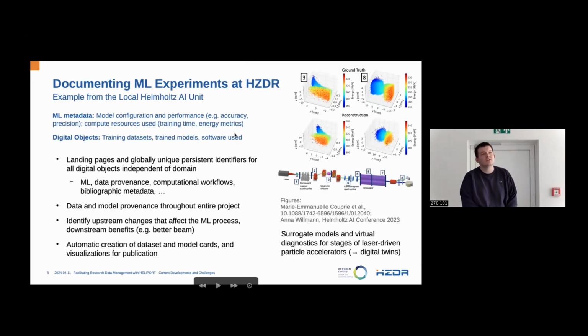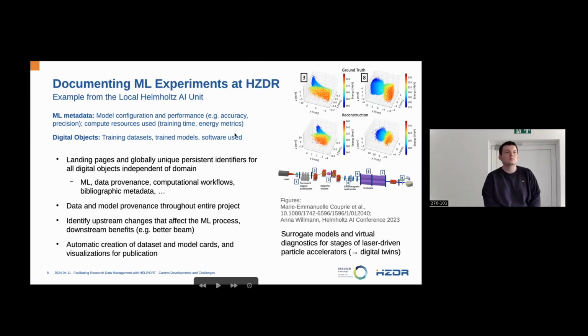Another thing that we recently looked at is the idea of documenting ML experiments, and I brought here an example from our local Helmholtz AI unit, who develop, for example, among other things, surrogate models and virtual diagnostics for certain stages of particle accelerators.